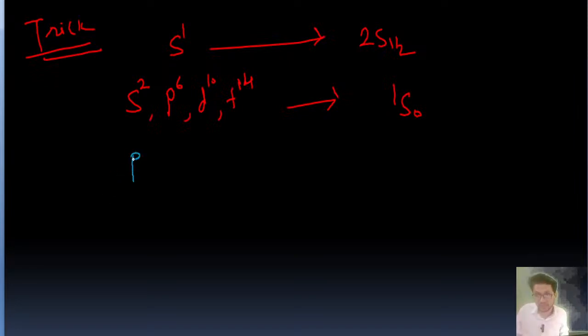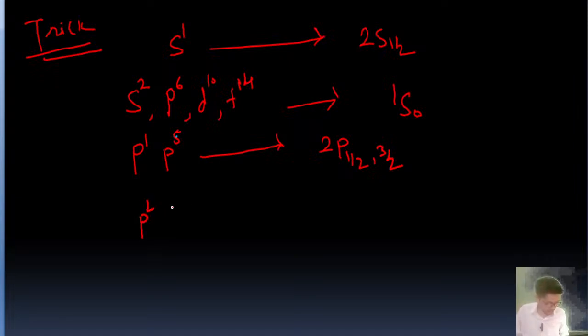And for p1 and p5, this value is going to be 2P1/2 and 3/2. If you know this, then you can easily get the ground state. Okay.